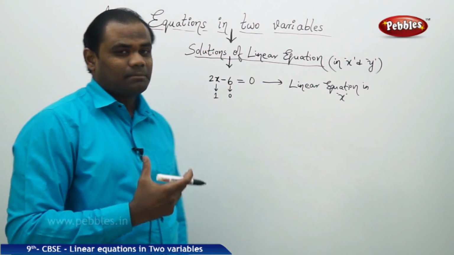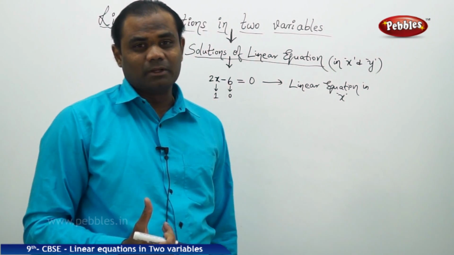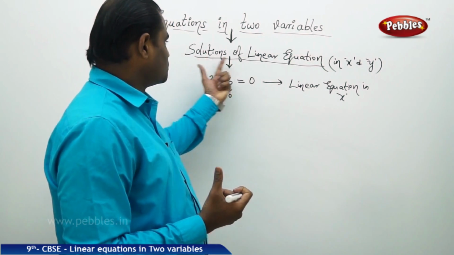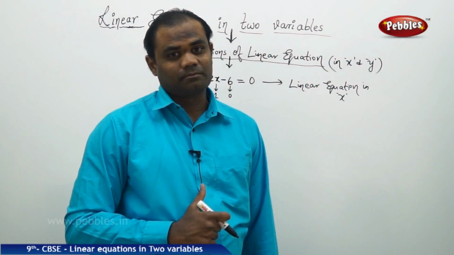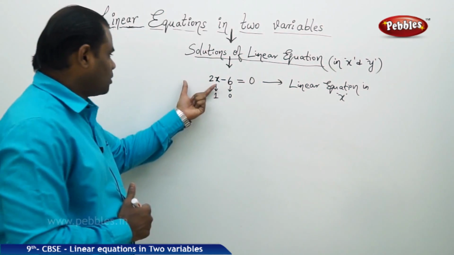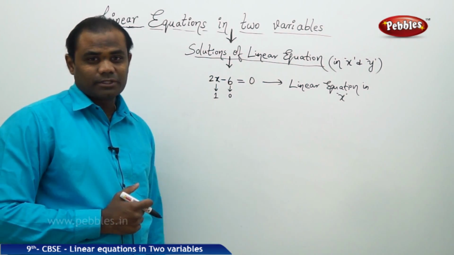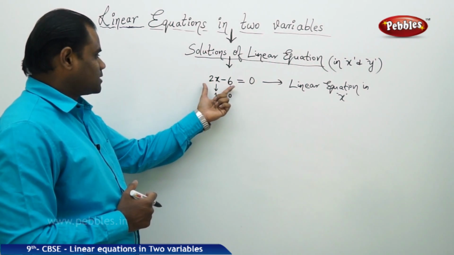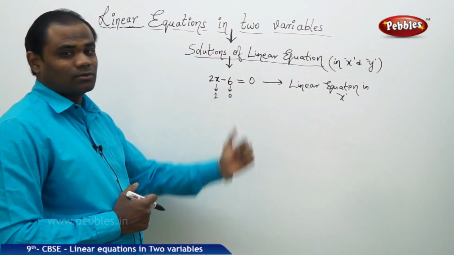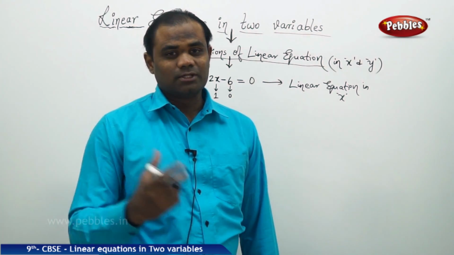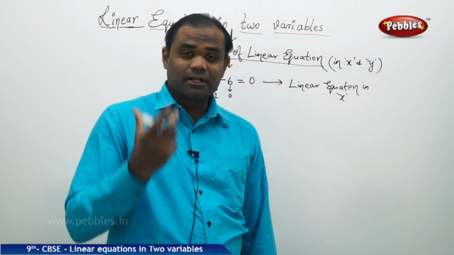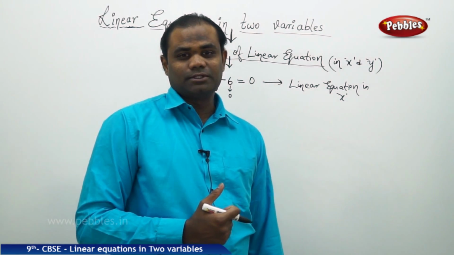So let's recap the linear equation in one variable and then try to understand the solutions of a linear equation with two variables x and y. With the example problem which involves a linear equation in x, say 2x minus 6 equal to 0, let's see what its solutions are and how these solutions help us in understanding the solutions of the linear equation in two variables.